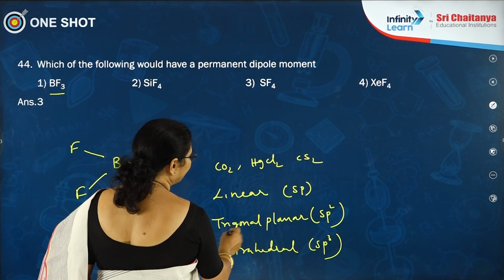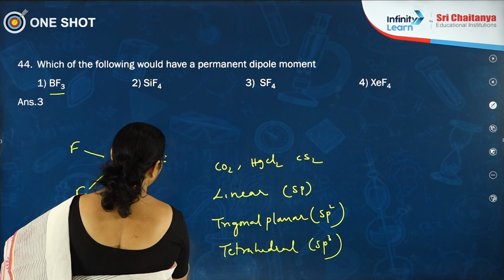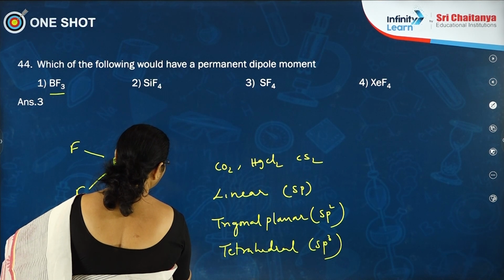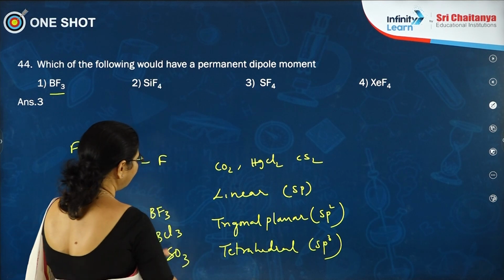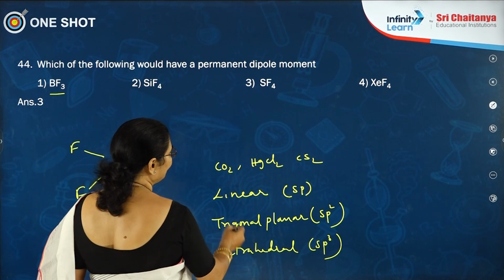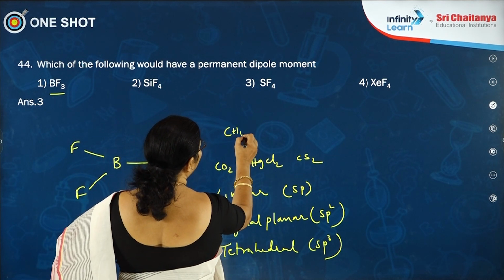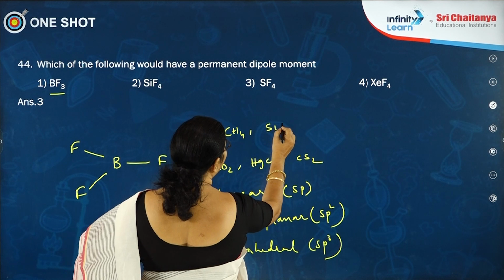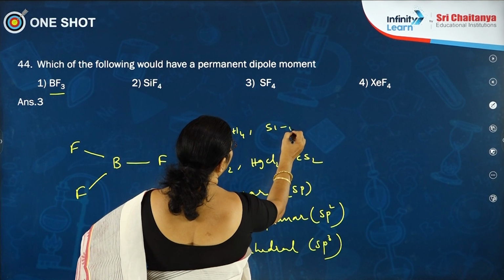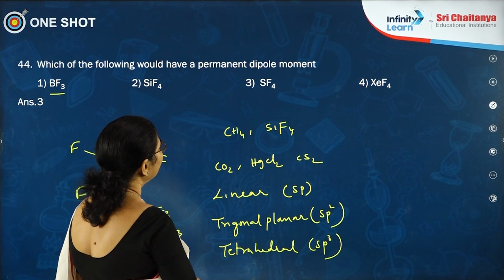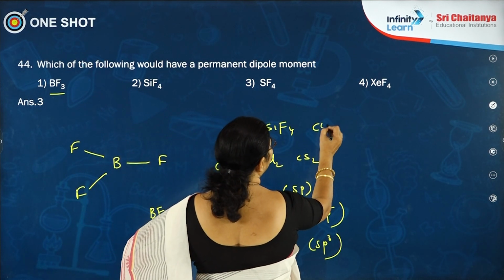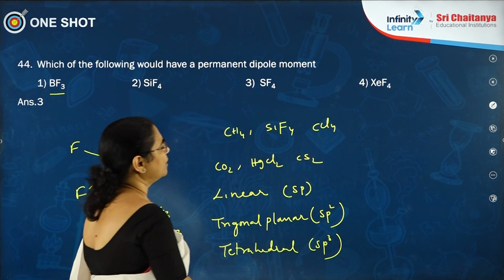Next, trigonal planar BF3, BCl3, SO3, all these have 0 dipole moment. Tetrahedral molecules CH4, SiF4, CCl4, these all are expected to have 0 dipole moment.